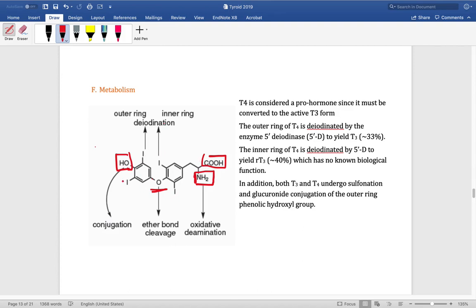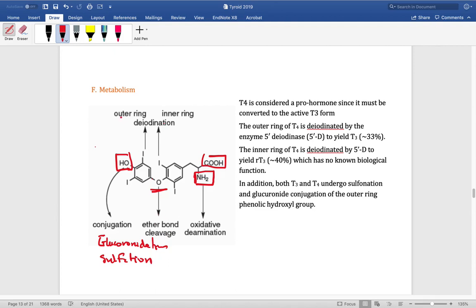So at the hydroxyls, you have the possibility of conjugation, both with glucuronidation and with sulfation. Okay, basically you're forming glucuronide adducts and sulfate adducts. At the ether, you can have bond cleavage, so this bond can cleave at the ether.